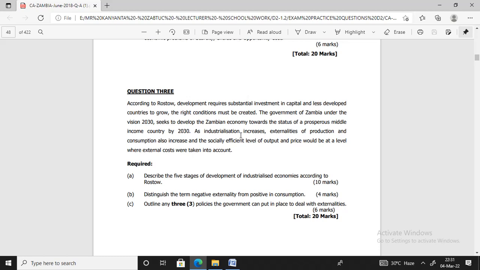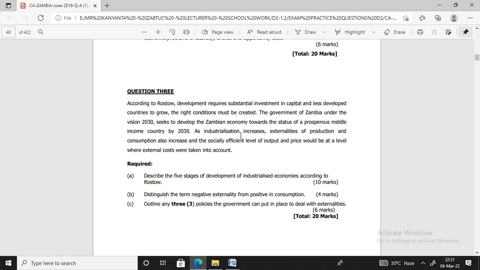If there are technological methods of production that firms can use, and these do not emit a lot of pollutants, what government can do is subsidize those methods of production in order to encourage firms to produce more efficiently and reduce the levels of pollution.